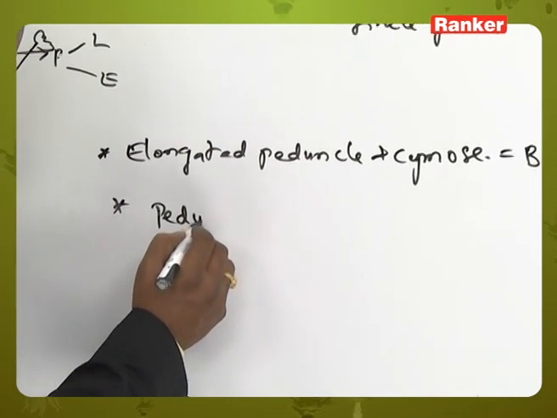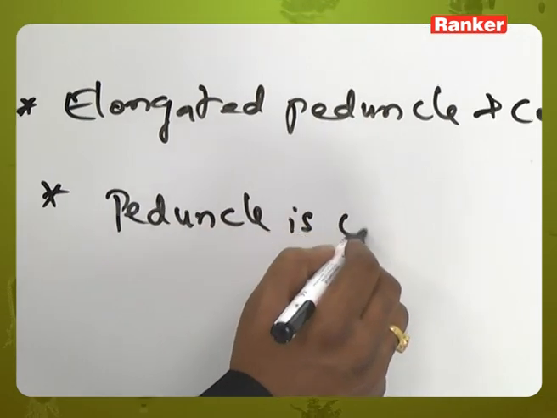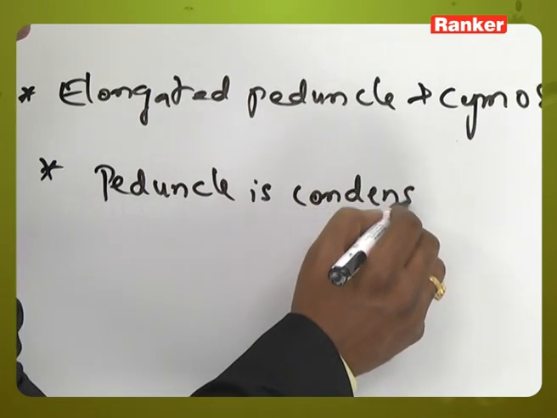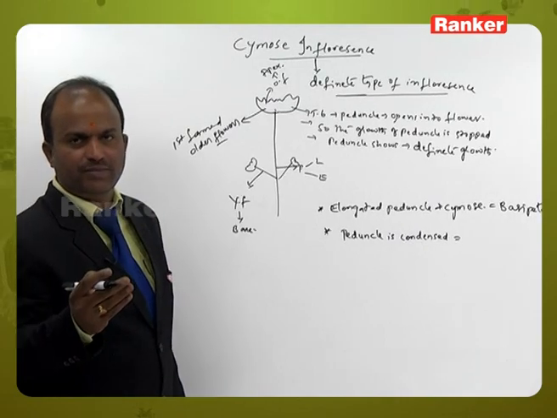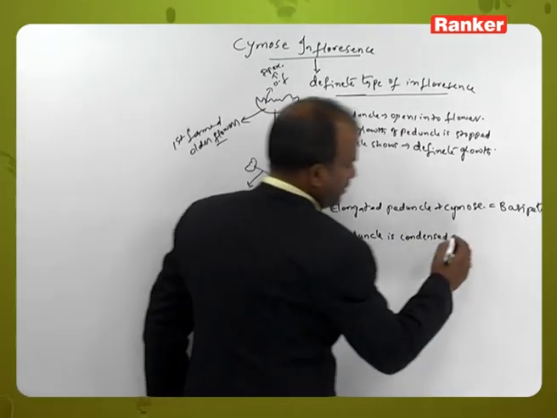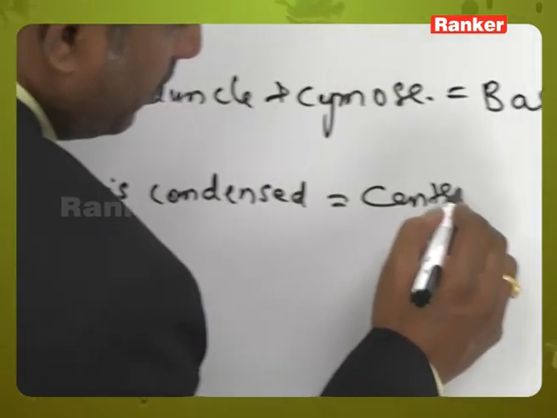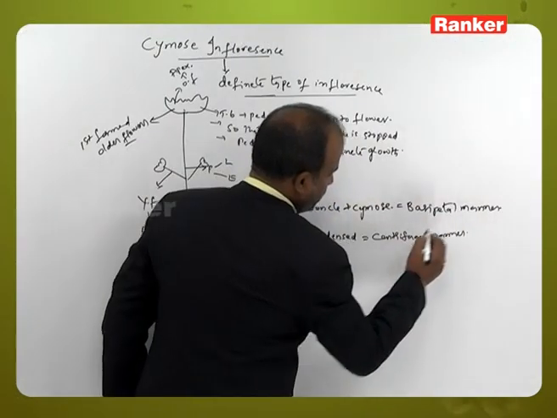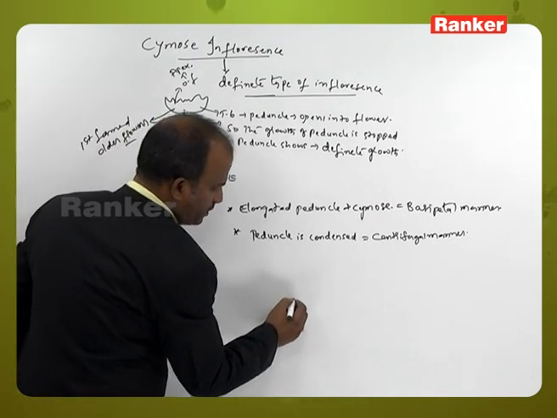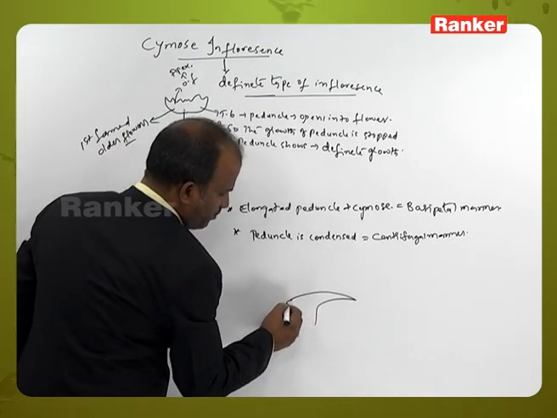If the peduncle is condensed, the flowers are arranged in a centrifugal manner. In which manner? Centrifugal manner. For example, this is the condensed peduncle.